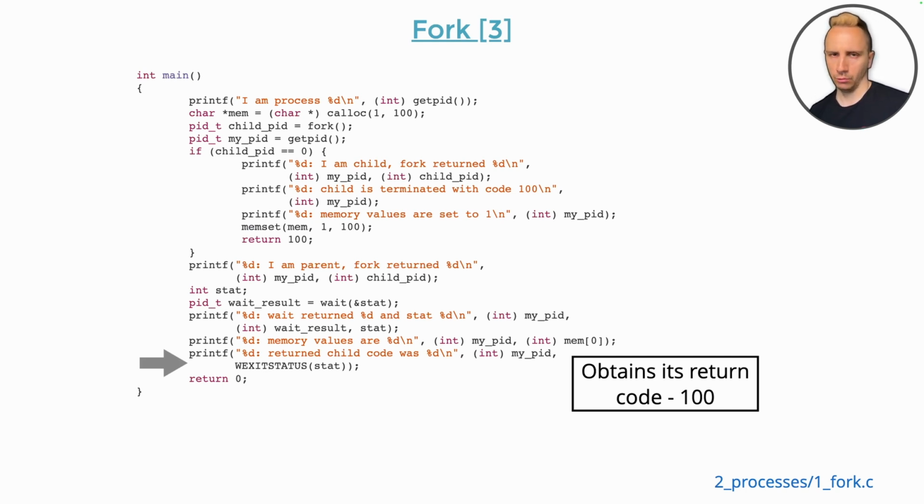The thing is, when you call wait and get some result, the result is not the exit code of the child process. It's actually a bit mask which inside contains the exit code. If you know that the process exited gracefully and it has an exit code, then you can extract it using the macro WEXITSTATUS.